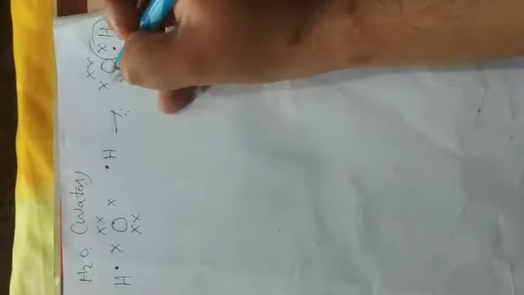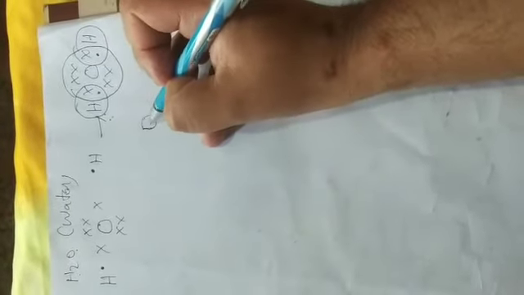After sharing the electrons, it becomes oxygen and then hydrogens. So the 8 electrons of oxygen are: 1, 2, 3, 4, 5, 6, 7, 8.